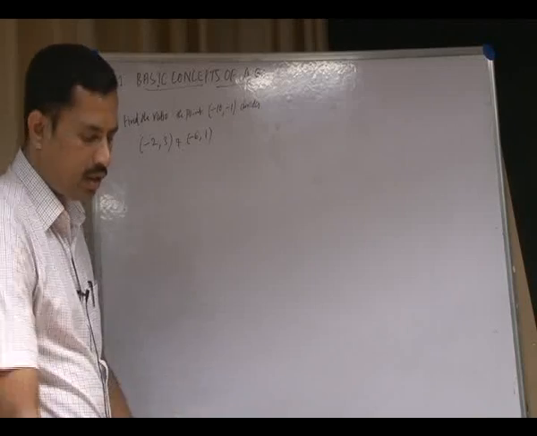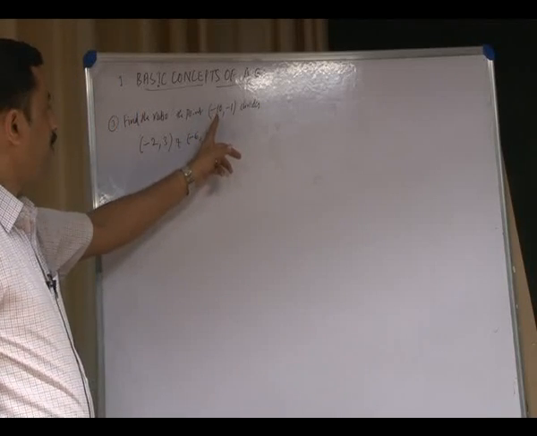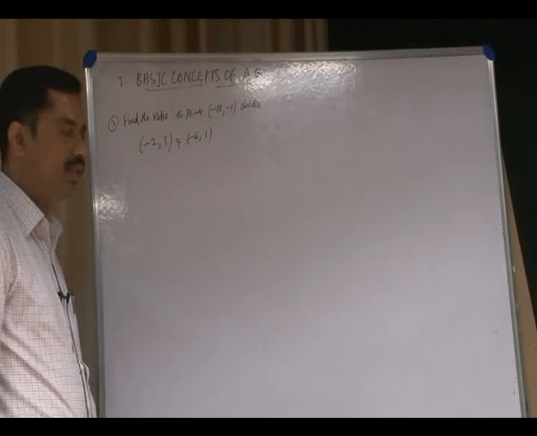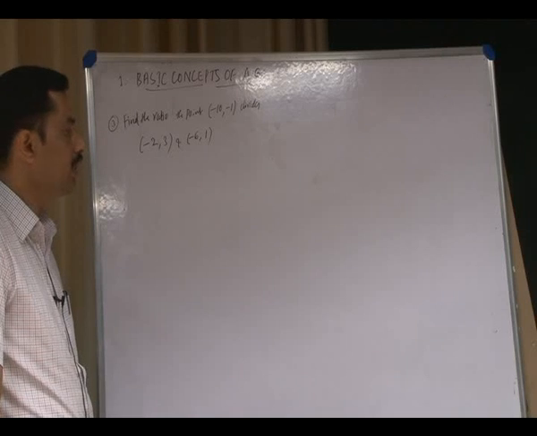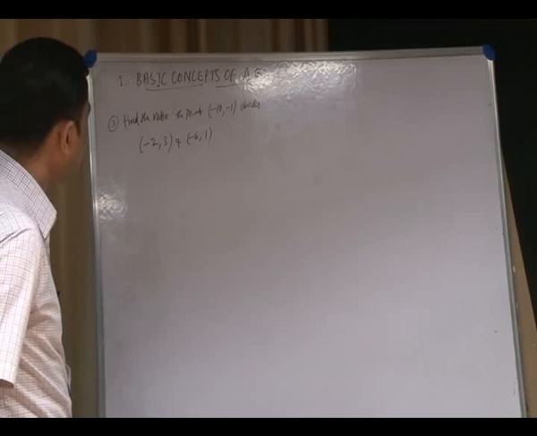So, here the coordinates of the point of division is given, point of division P x comma y is given, and the coordinates of 2 points are given, but the ratio is not given, that you have to find out here, in what ratio this point is going to divide this line.